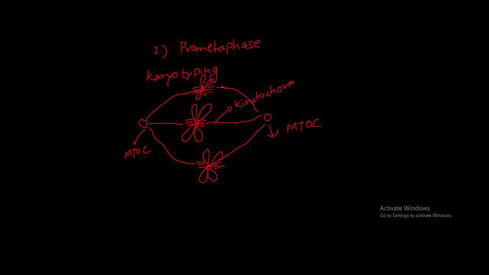Okay, so this is what we are calling the kinetochore, and these are the microtubules or spindles, you can say. And these two sister chromatids are attached to each other by a cohesin protein. Okay, so this is the prometaphase.